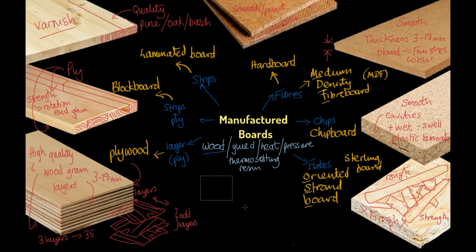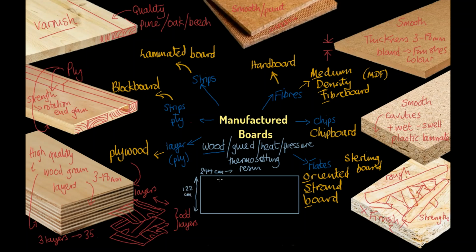So why do we go to all this trouble of making these large manufactured boards? Well, there's the first clue, is that they are large. So the length of a board is normally 240 centimeters long and the width 122 centimeters.